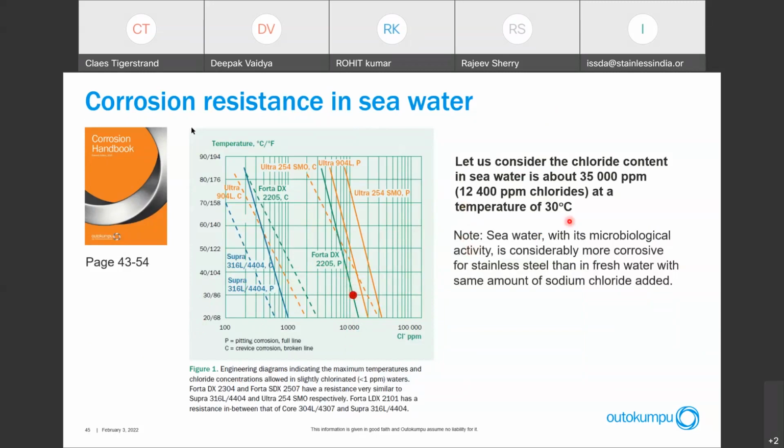And we also need to consider that seawater is more corrosive than just artificial water with chlorides, because you need to consider microbiological activity as well, which makes it corrosive. We need to step up from 2205 to super duplex, or even a 6 moly high alloy austenitic grade like 254 SMO, to resist seawater.